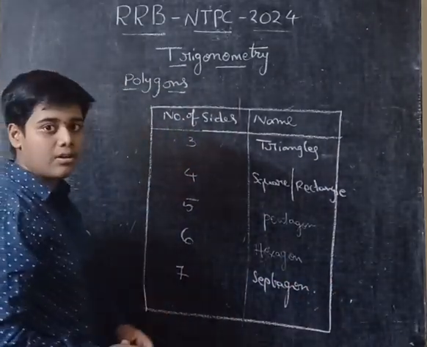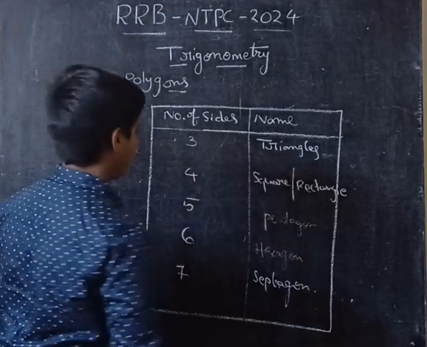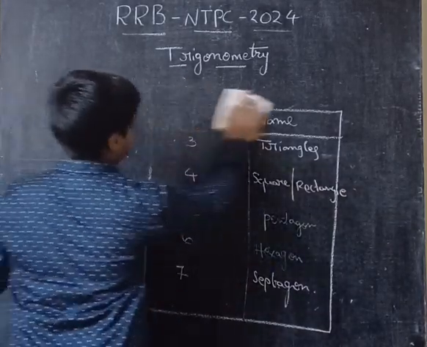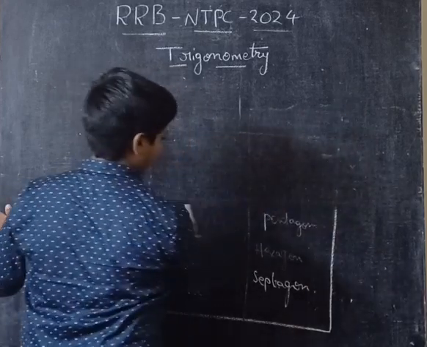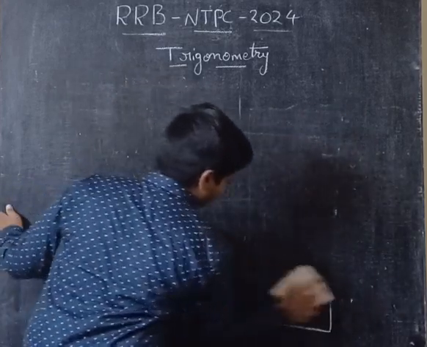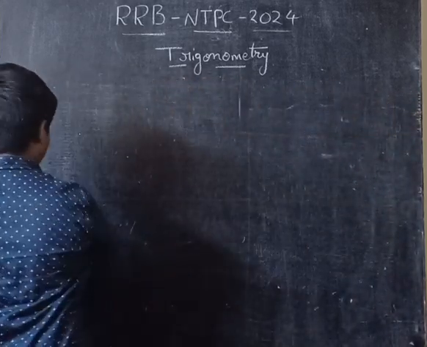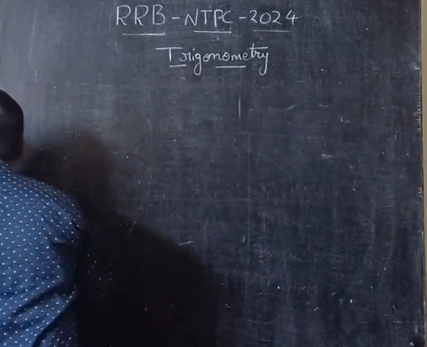So it is based on the number of sides. Okay. So this division is based on number of sides. And there is no need of differentiating based on angles. So directly we can continue the triangles topic.